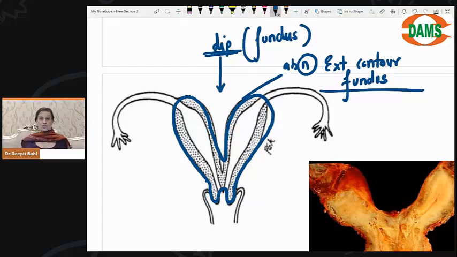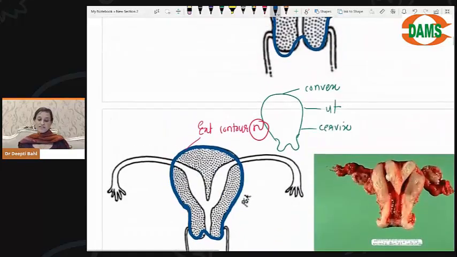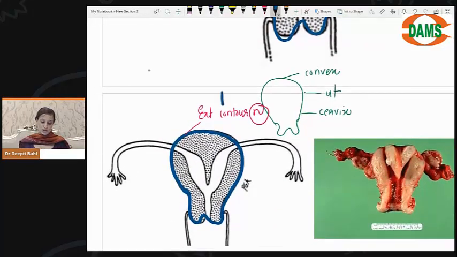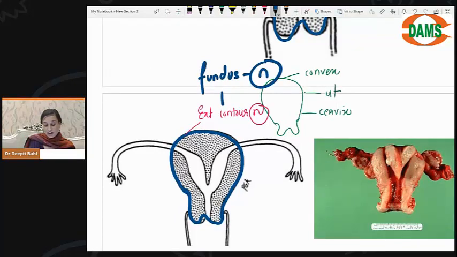So the first thing, when you go for your exams, you have to look at this first. Is the fundus looking normal or not normal? Once you have identified this, we will try and pick up the problem. If the external contour is normal, in other words the fundus is normal, but what is the problem here?